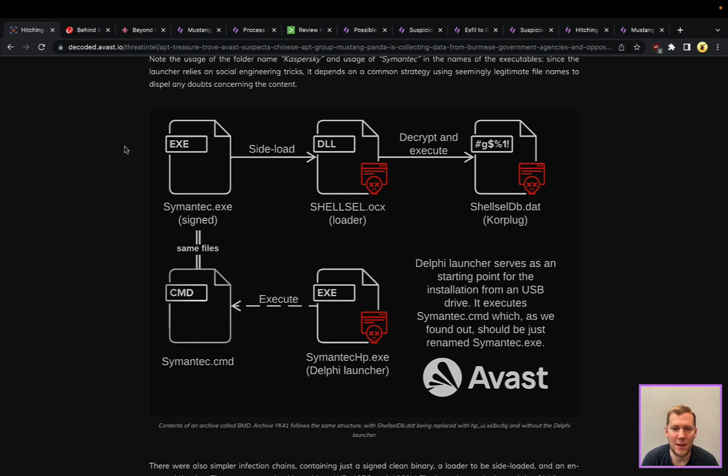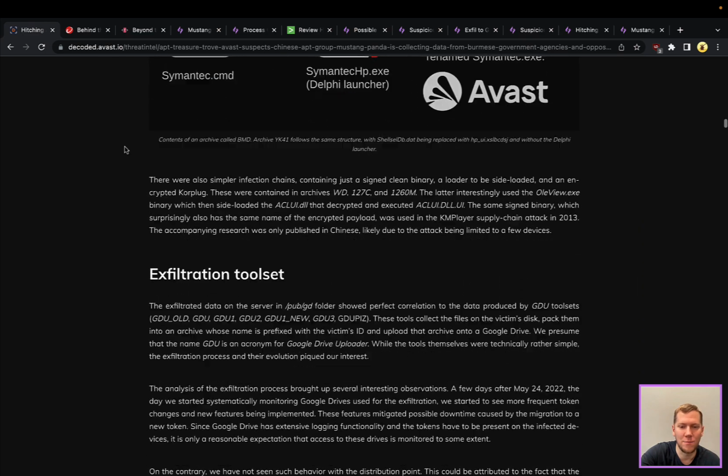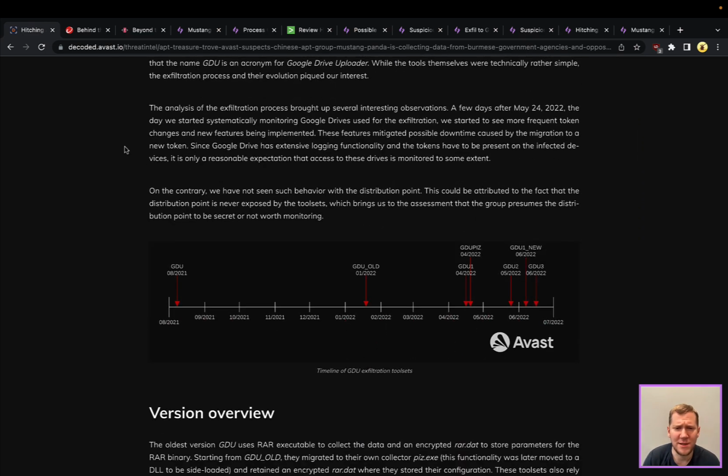That loader's job is to decrypt and execute the command and control. In this case, it's a Korplug or PlugX backdoor, and that's then used by the threat actor for the campaign. In this instance, they were staging data on the flash drive and exfiltrating that to Google Update. So you can see some of the timeline here.